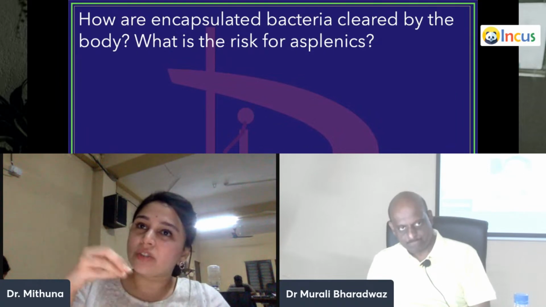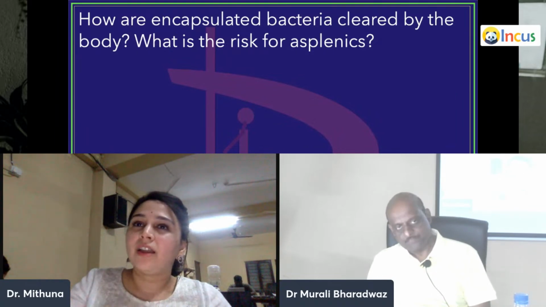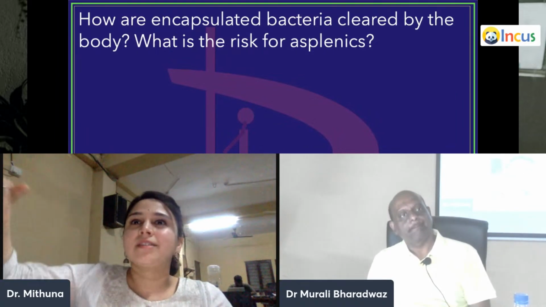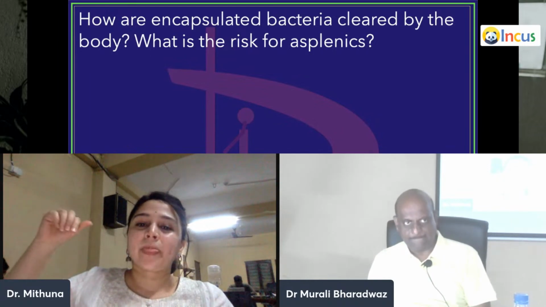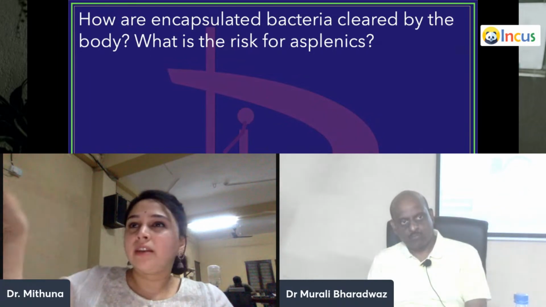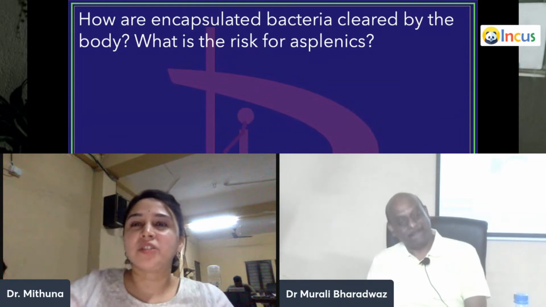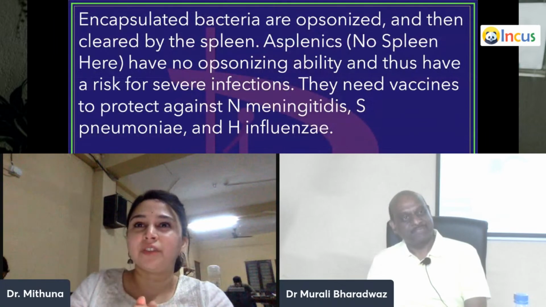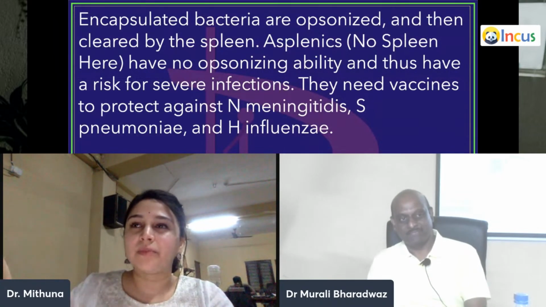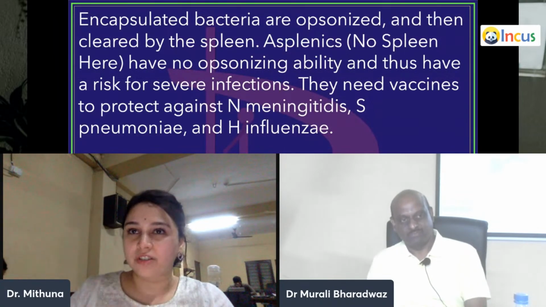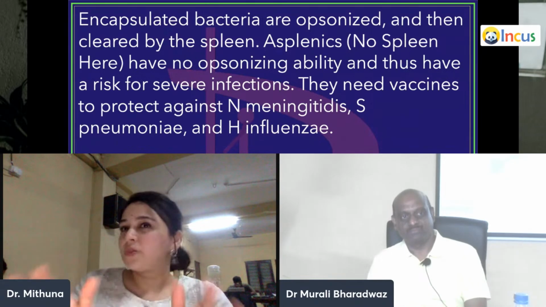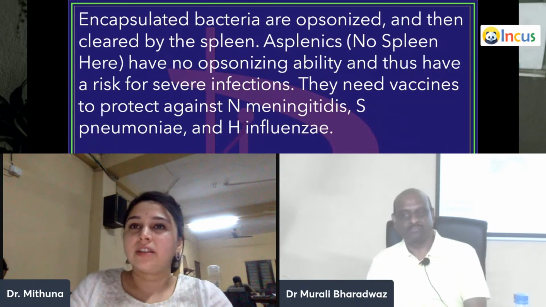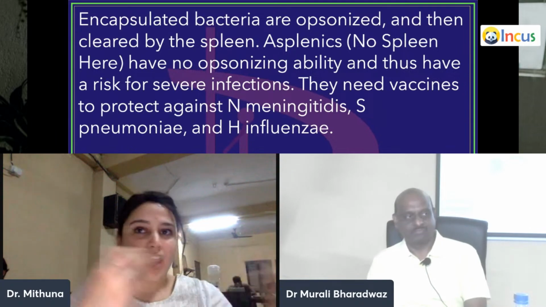They go and attach to the capsule of the bacteria and tell the body, see, this is the bacteria. It's like the head policeman telling his constables to catch the thief. The constables catch the thief and tell the main immune system that we have caught it. This is the culprit. So that is what opsonization means here, sir. And that's how they identify and finally kill.